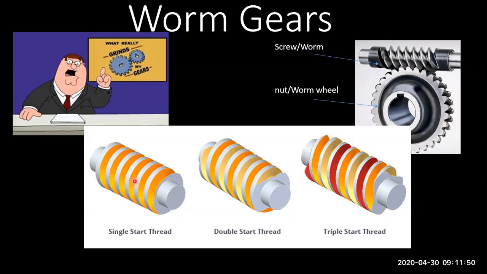When motion is transmitted from the worm wheel to the worm, the heat generation is more and the linear motion is not that much. That's why we use multiple starts to increase the efficiency. We want to increase the efficiency and reduce the speed reduction. In those cases, you have to use higher and higher starts.